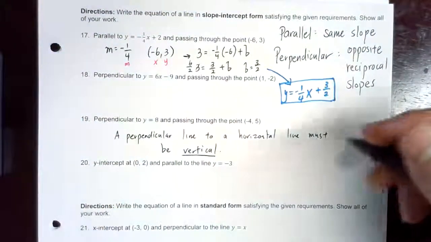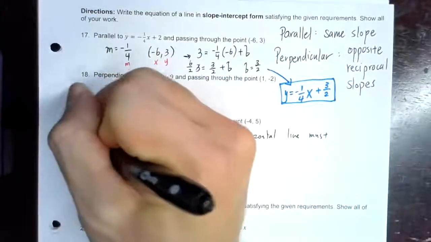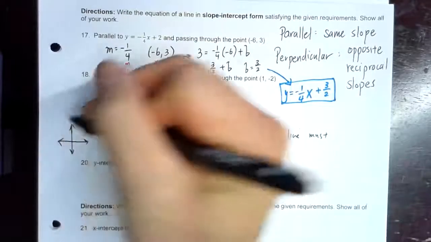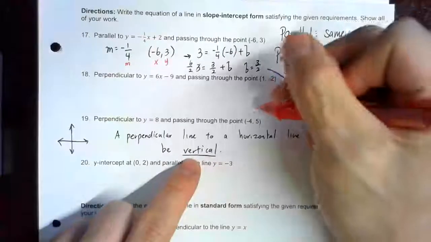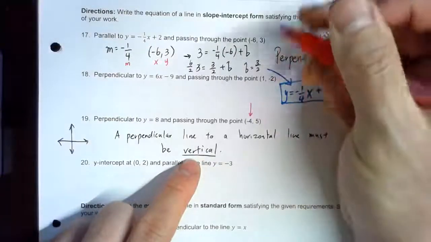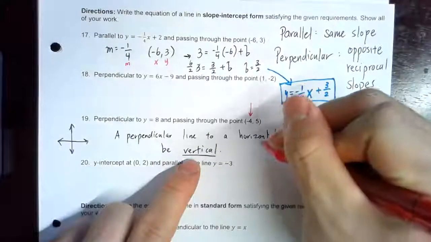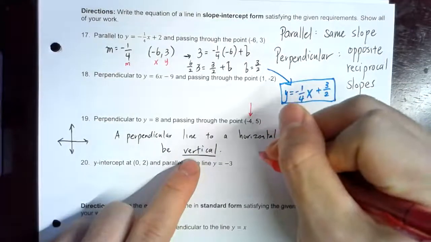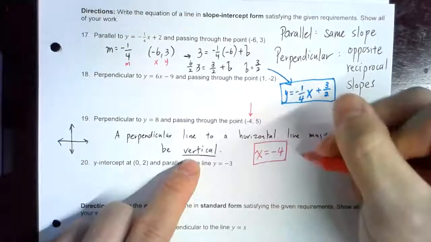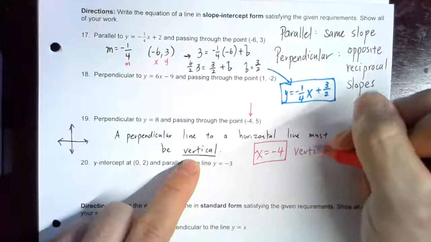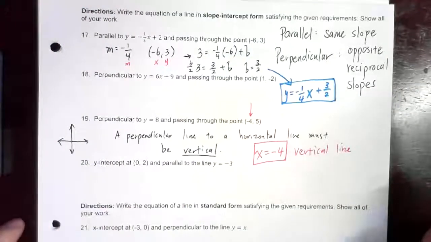This is really important. The only way you can be perpendicular to a horizontal line is if you yourself are vertical. And if it has to be vertical and pass through the x value of negative 4, then x has to equal negative 4 as your vertical line, because it has to pass through that point.